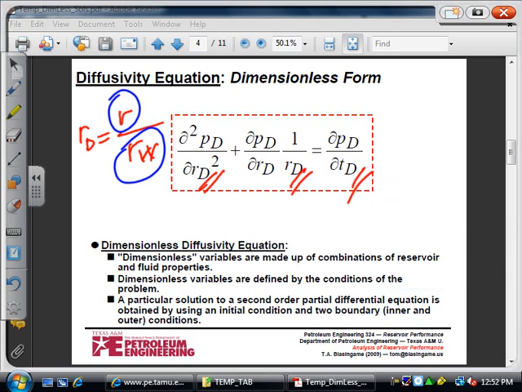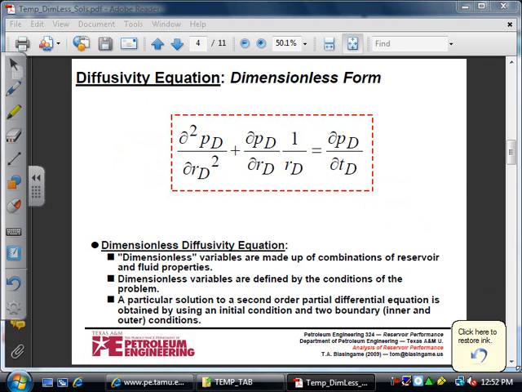And this equation has no units, so it is a general form. When you solve this, you insert the definitions of the dimensionless variables, and then you can understand what your pressure is at a certain permeability, at a certain porosity, or something like that.